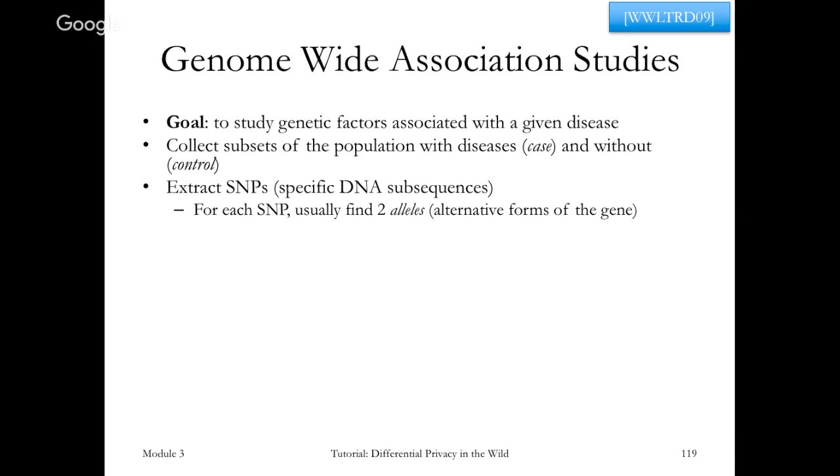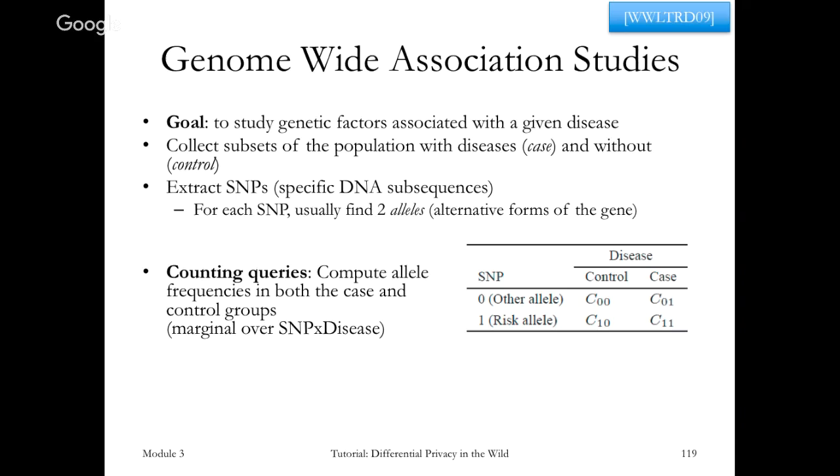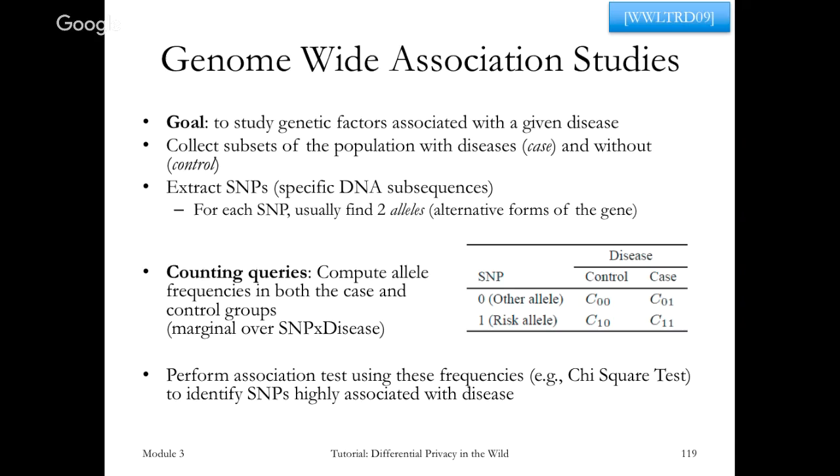Typically, these SNPs have a few different alleles, variations on the gene that arise through mutation. What you want to do is counting queries where you compute the allele frequencies for both the case and the control groups, right? The idea is to find DNA sequences that are strongly associated with the disease, and that suggests maybe a genetic cause behind the disease.